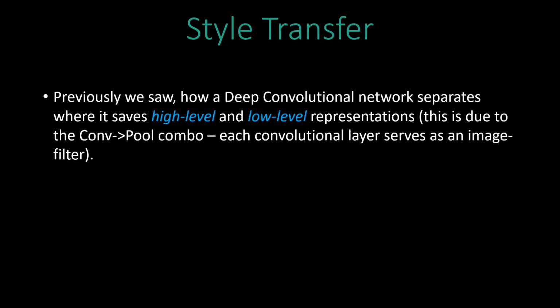This was due to the convolution pooling combo, which we talked about in the third week, where each convolutional layer serves as an image filter, and at different resolutions, what this image filter represents is separated.